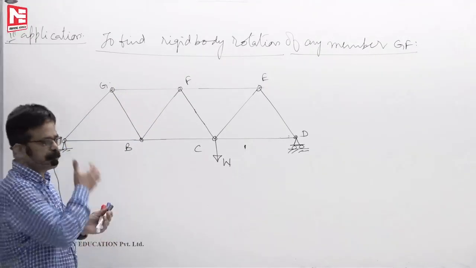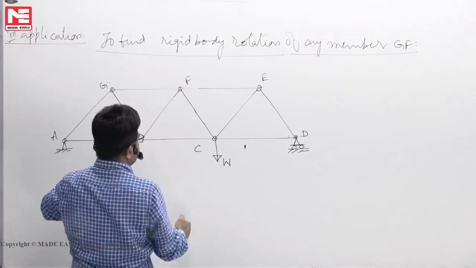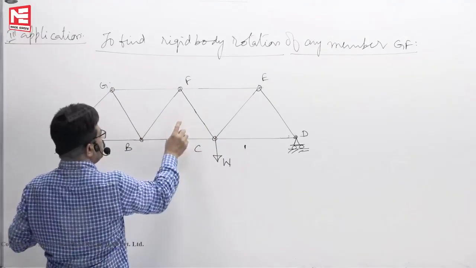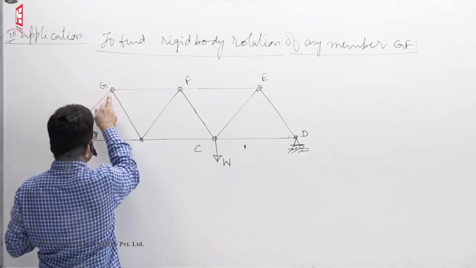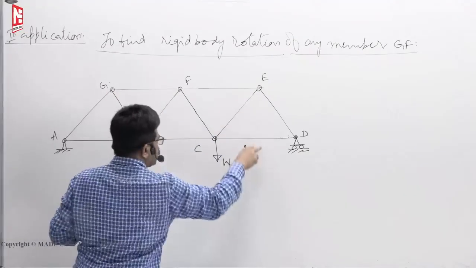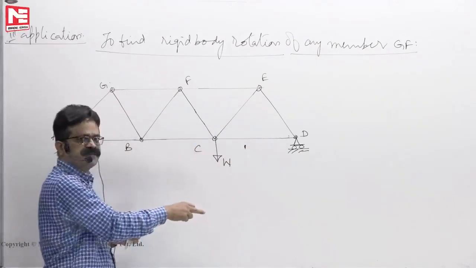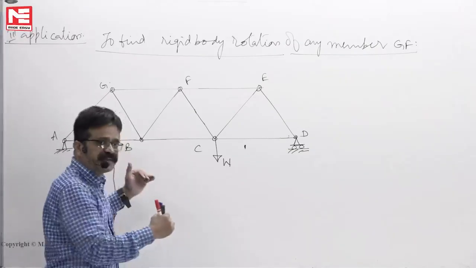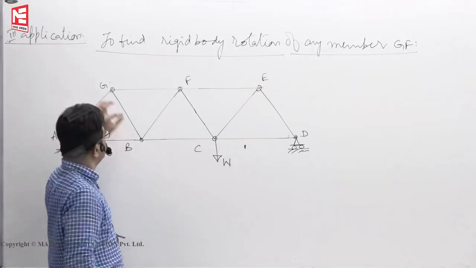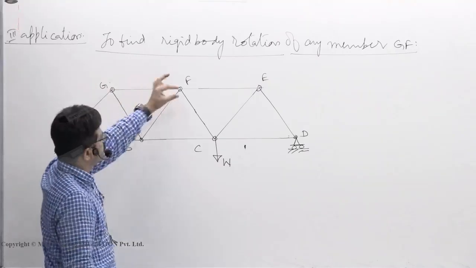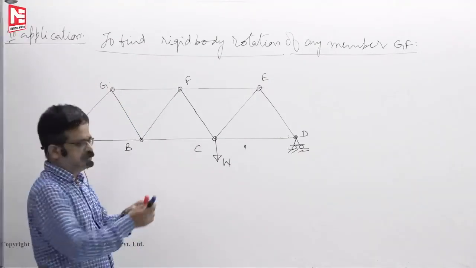Why will it rotate? When you apply a downward load, deflections occur: G comes down, F comes down, E comes down, B will come down, C will come down. But how much they come down, the magnitudes are different. If G comes down by 2 mm, say, the central deflection is more, maybe 5 mm.